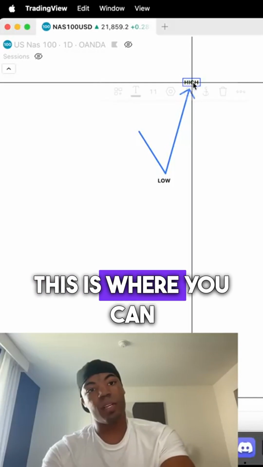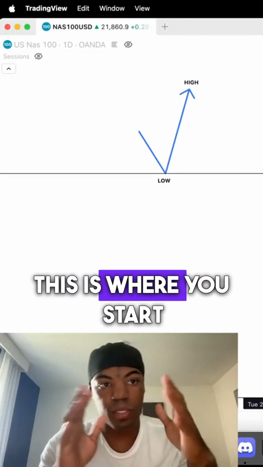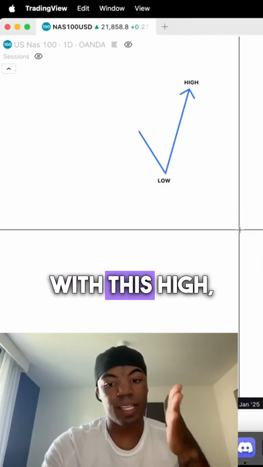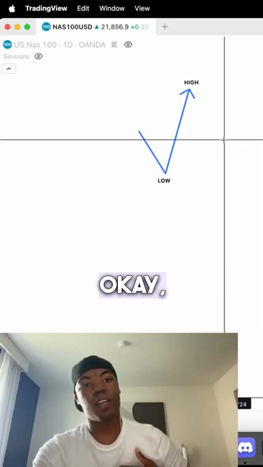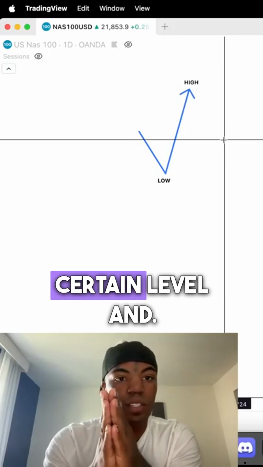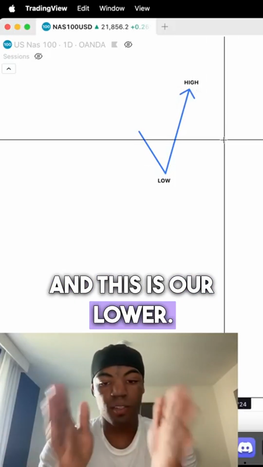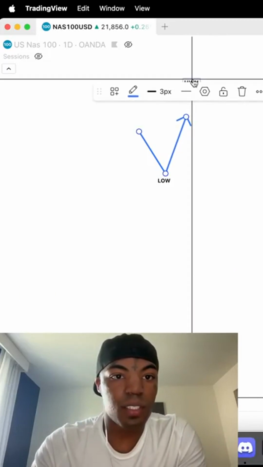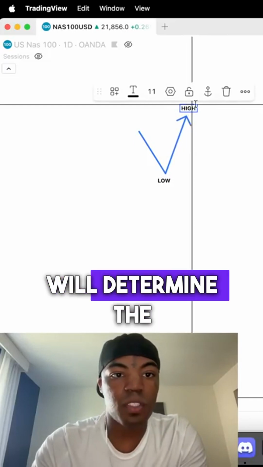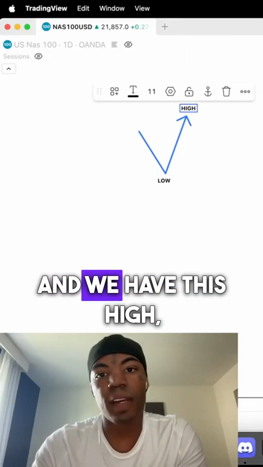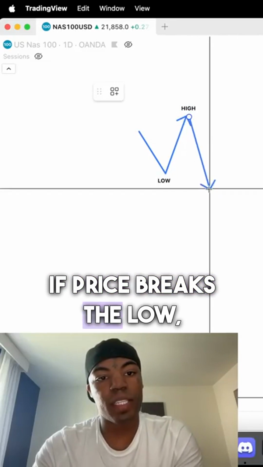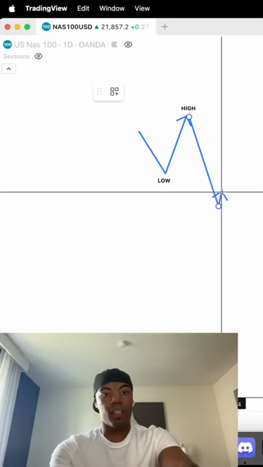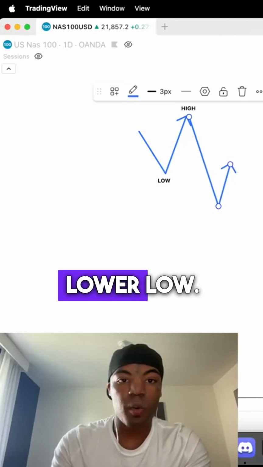Now this is where you start to be able to identify trends, right? With this low and this high, we can say price has reached a certain level. Then what comes next will determine the trend. If price breaks the low, this now becomes our lower low.